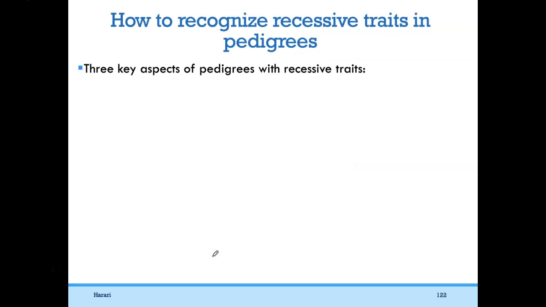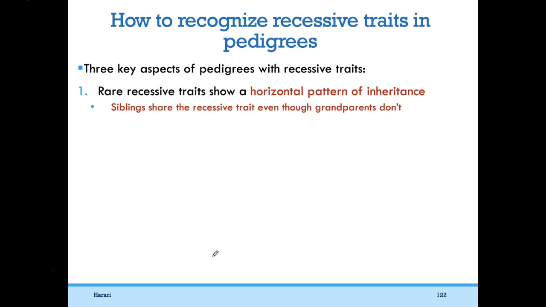There are different aspects to recognize with a recessive pedigree. So recessive traits show a horizontal pattern of inheritance, meaning siblings can share the recessive trait, even though their grandparents or their parents do not. So you'll see individuals within the same generation have the trait, whereas it can skip generations.